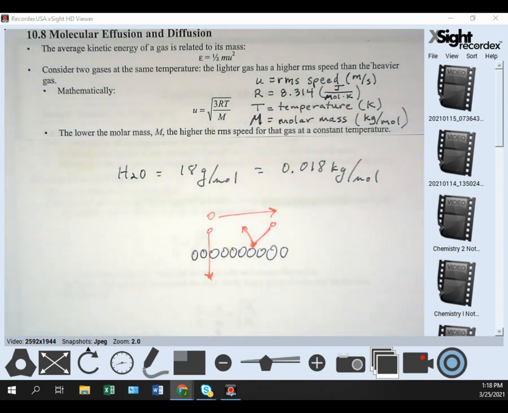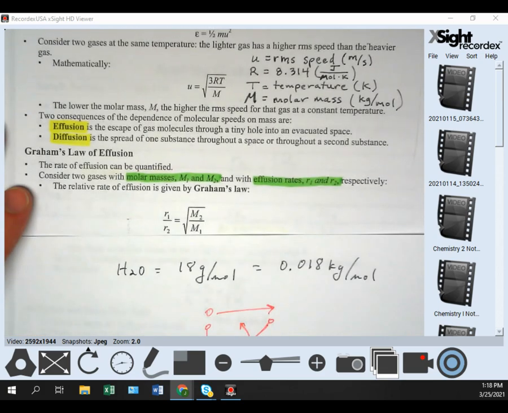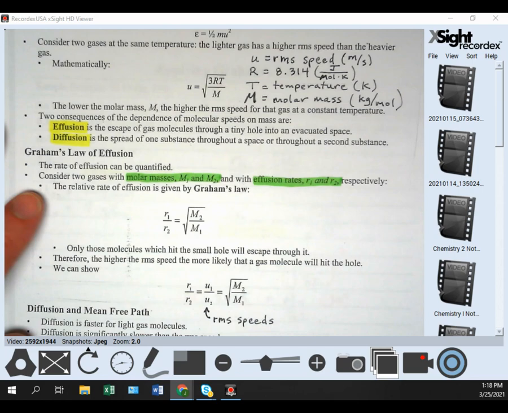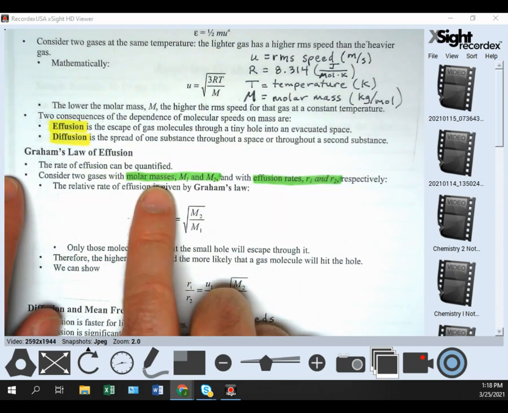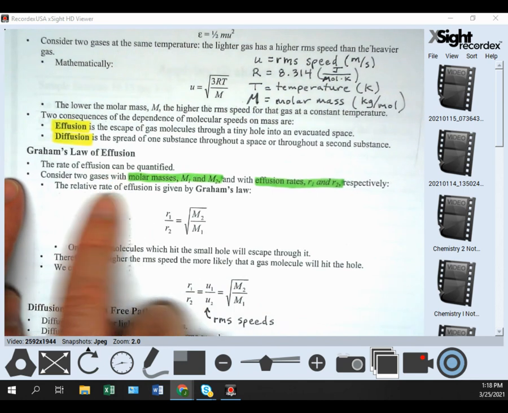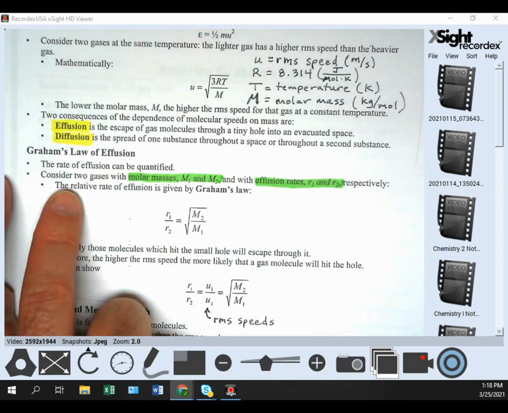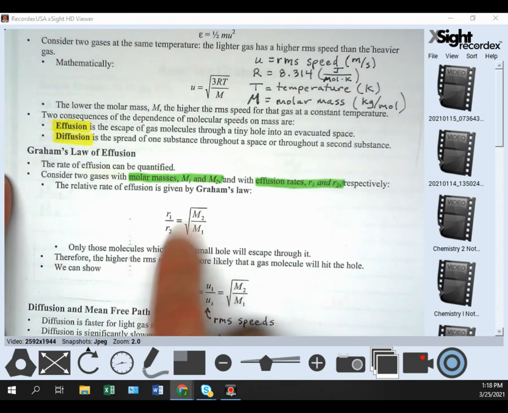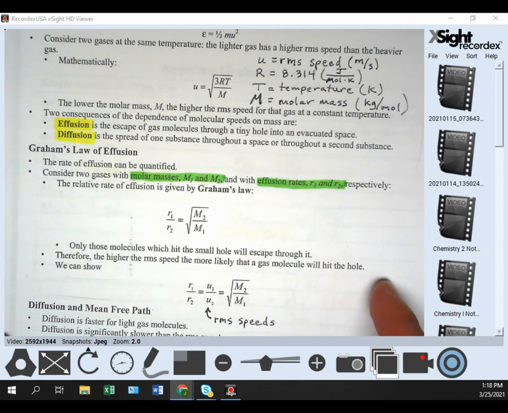The other thing with this is, you can calculate the rate of effusion, basically how quickly or slowly a gas will effuse out of something. These are actually doing a rate of effusion between two gases.